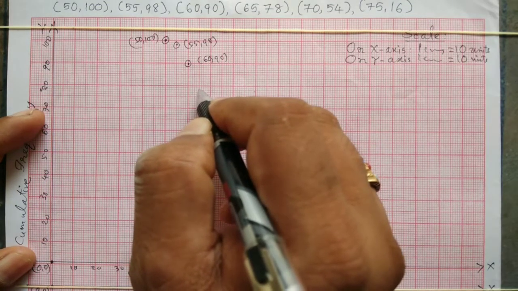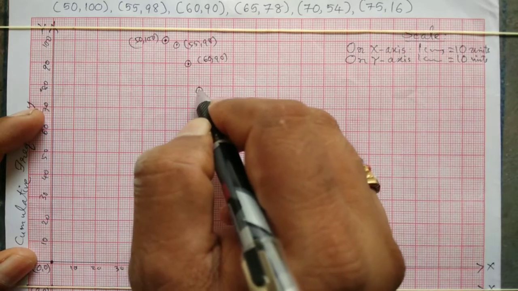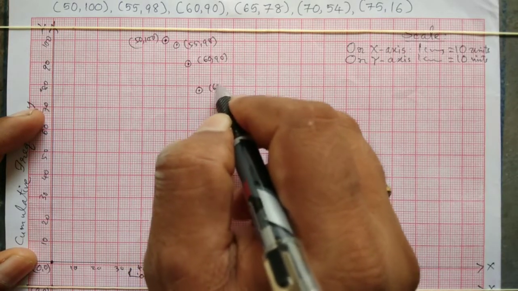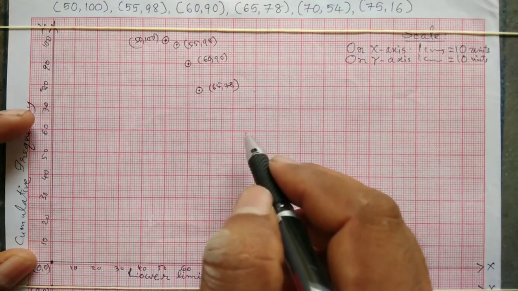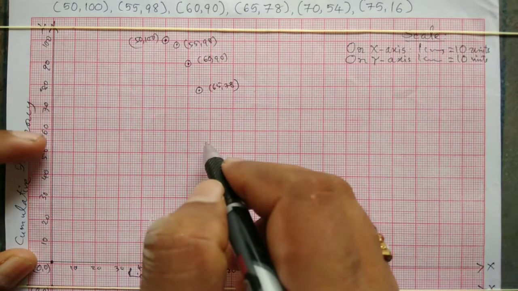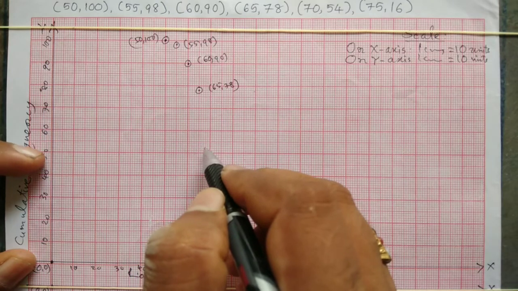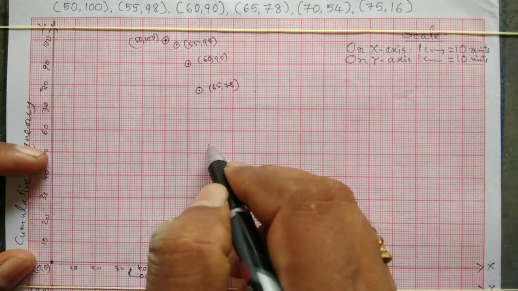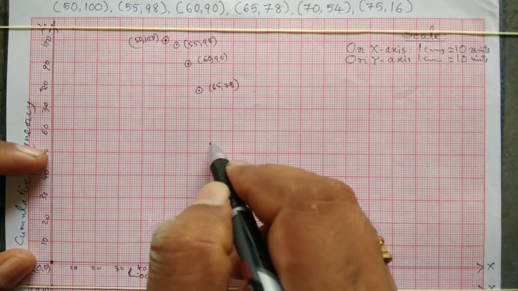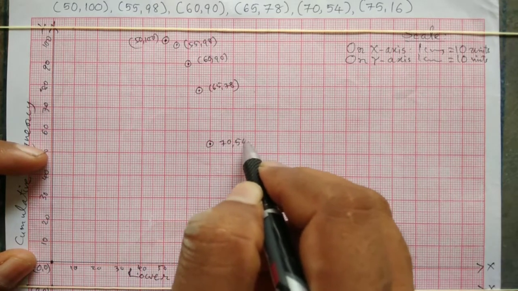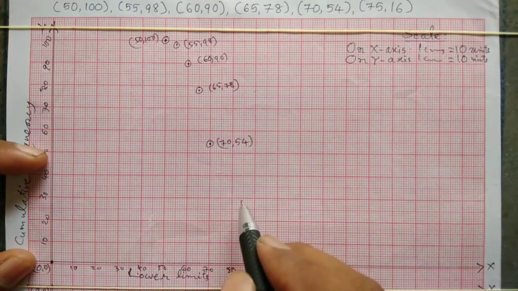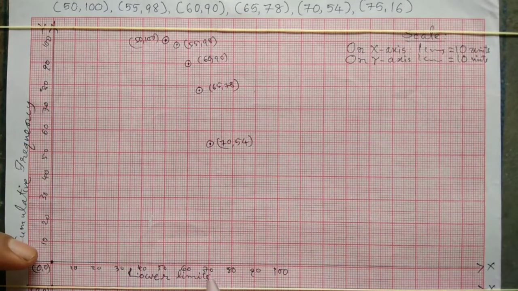So here is the point 65, 78. 70, 54. Here is the point 70, 54. 75, 16.